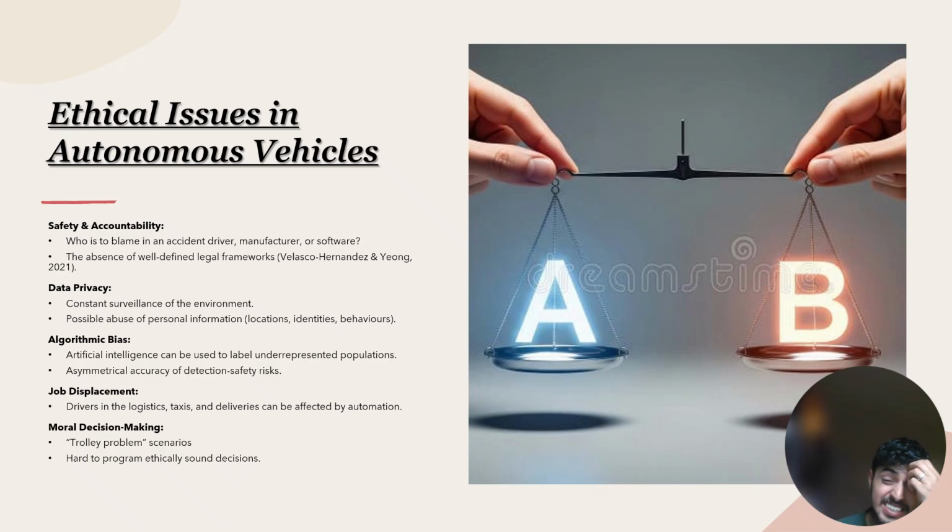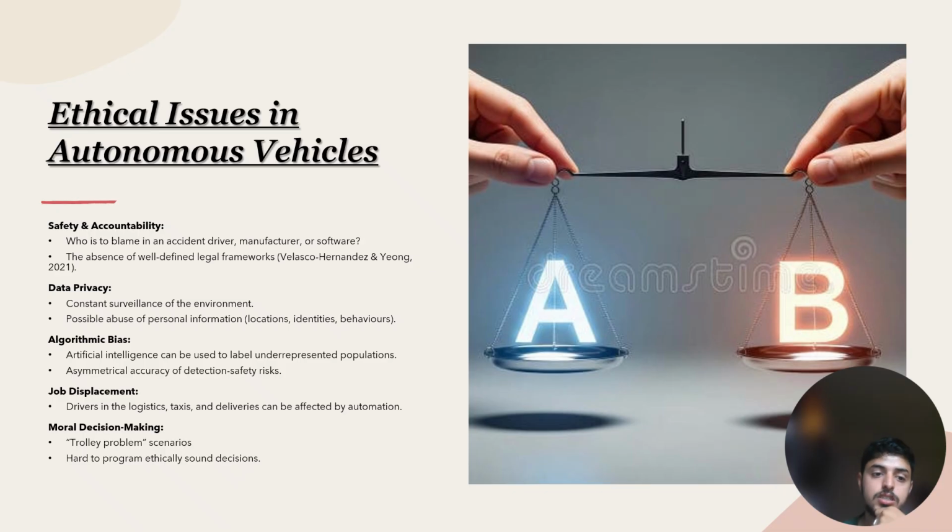Another challenge for the autonomous vehicle is ethical issue. For the first point, safety and accountability. Who is to blame in accident: driver, manufacturer, or software? The well-defined legal framework about the autonomous things is still absent. About the data privacy, constant surveillance of environment and possible exposure of personal information.